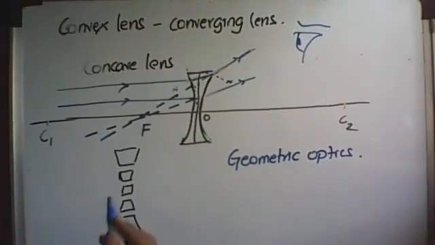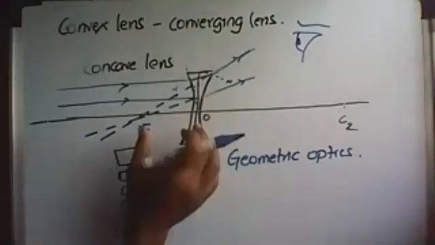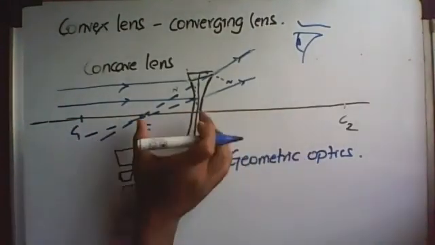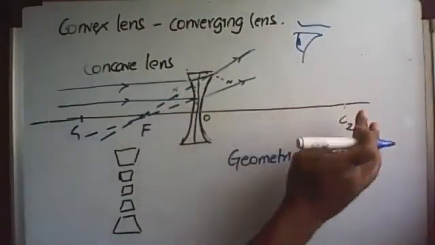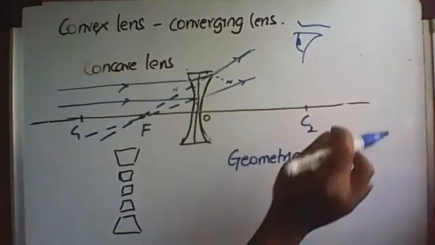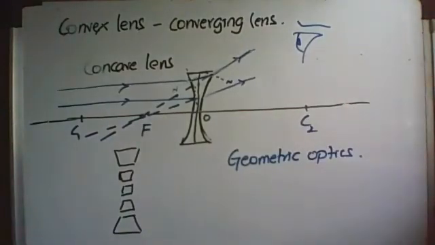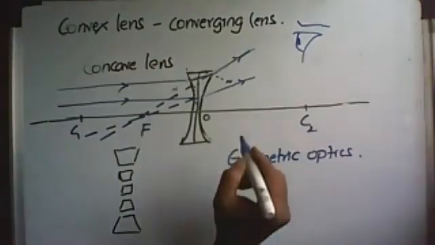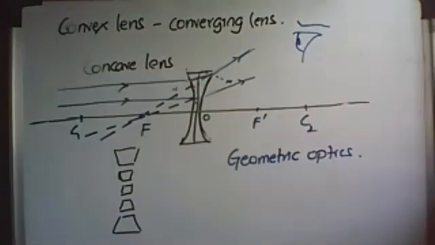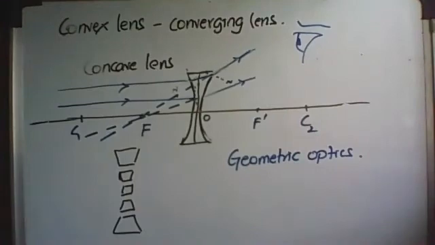And of course, now I better change my center of curvature slightly. And there will be another focus, of course, over here, which will be the secondary focus. So that is how you define the focal length.